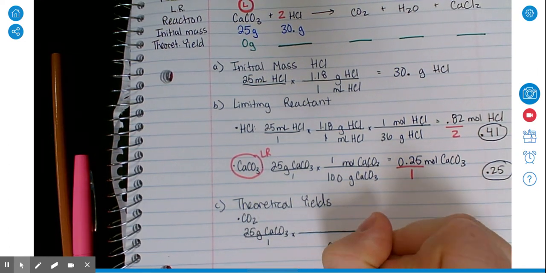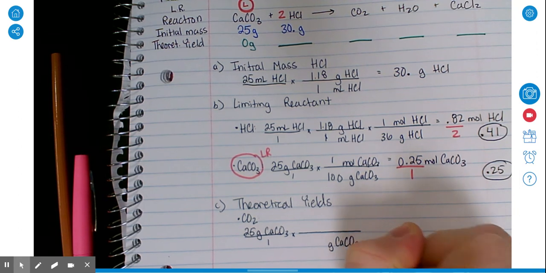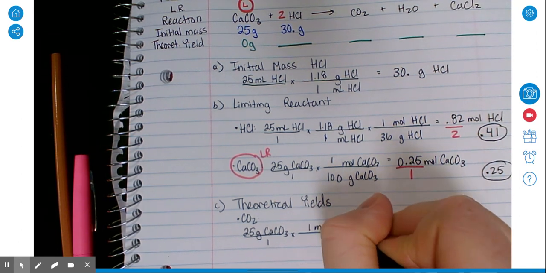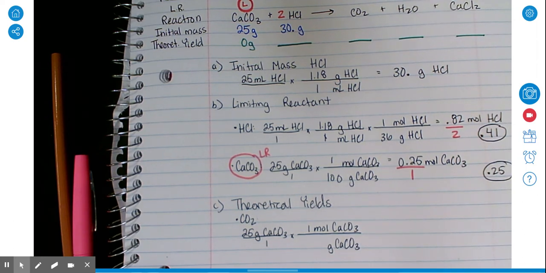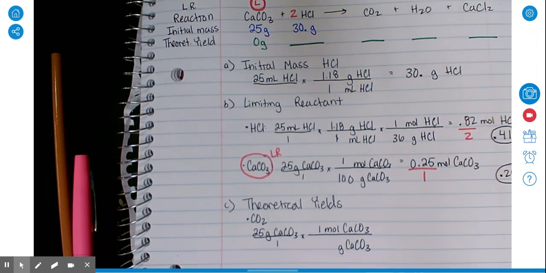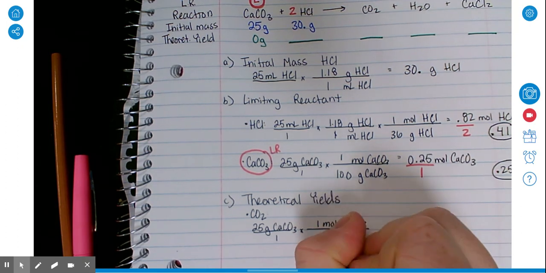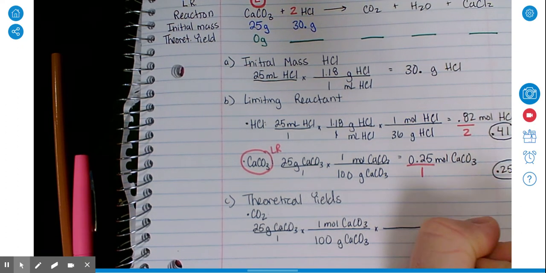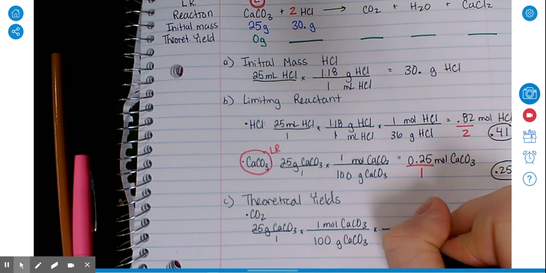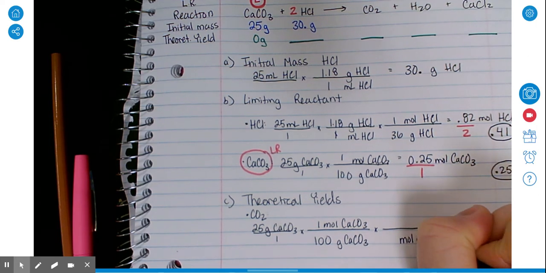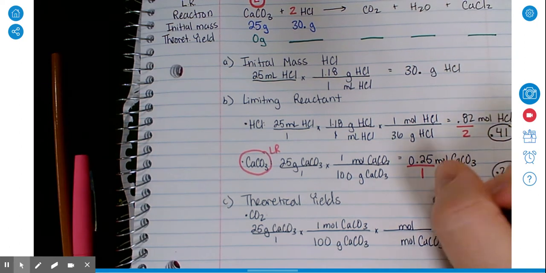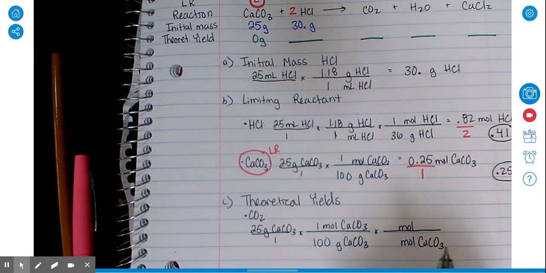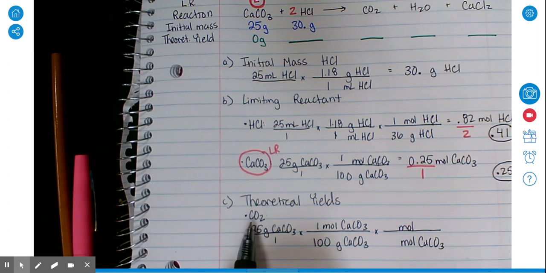From grams of calcium carbonate, I can go to moles of calcium carbonate using the molar mass, which I already put up here, is 100. From moles of one substance, I can go to moles of another using the mole ratios. So moles of the calcium carbonate to, where am I going?